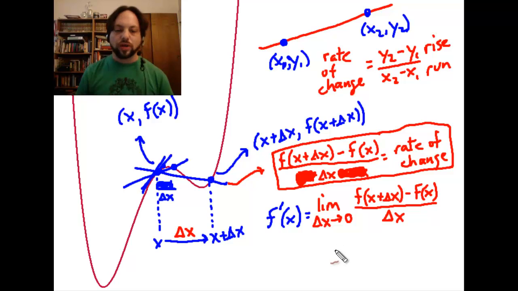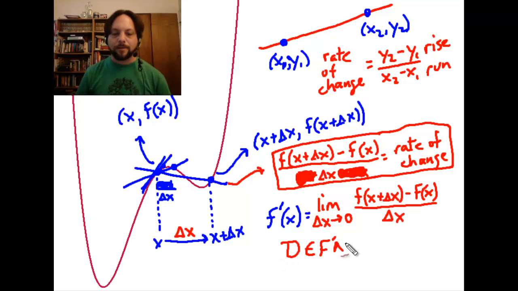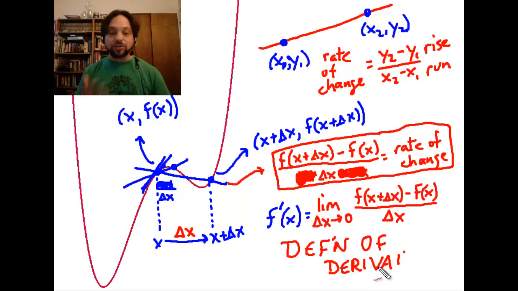Now you do. This right here is the definition of derivative. Definitely write it in your box there on your note sheet. It's going to take a lot of work to get used to it. But once you get used to it, it's not that bad of a function. It just looks bad. But that is the definition of a derivative.